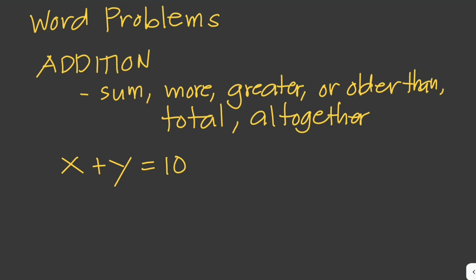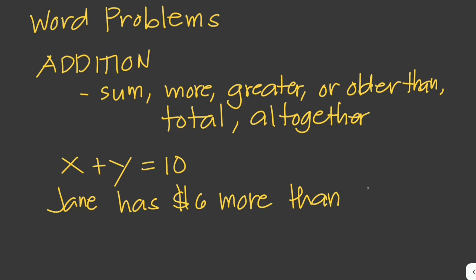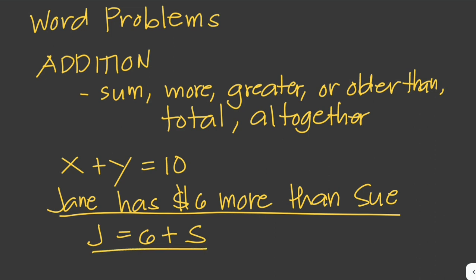Or Jane has $6 more than Sue. So let's say Jane is J equals 6 plus S. You can write this mathematical sentence as this mathematical equation.